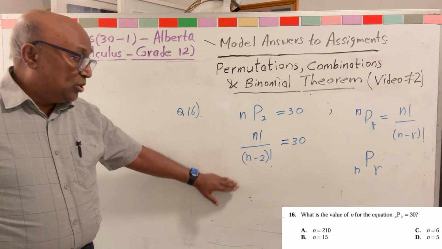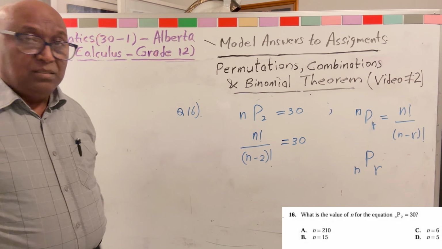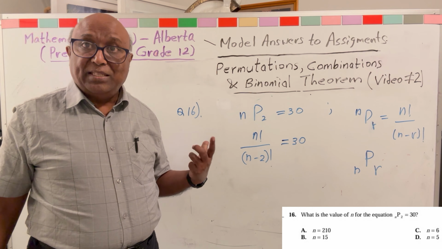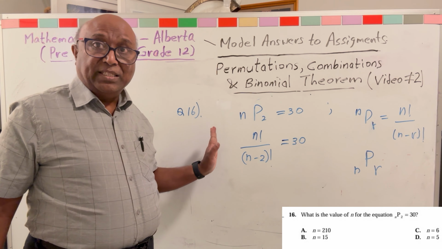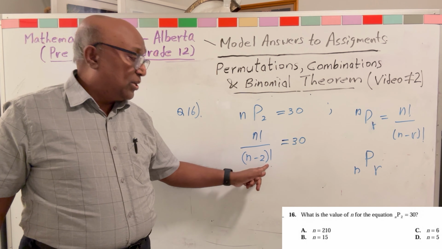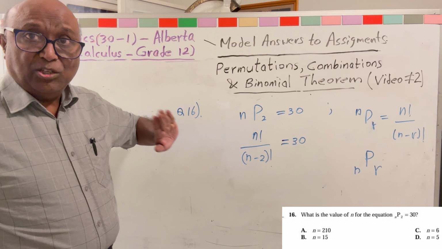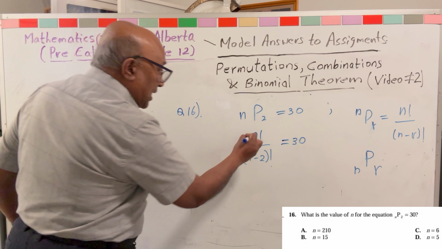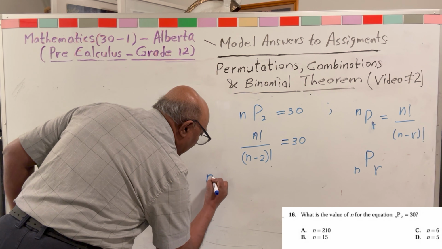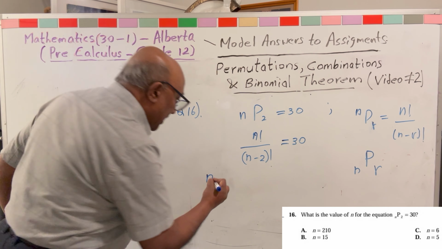Now look carefully at this one. How do you expand this? You remember how we handled the previous question. We started with 9, 6, and stopped at 5 when we reached the number in the bottom. We can do the same thing here, okay? Please observe carefully. I start with n, what's the next number? n minus 1.